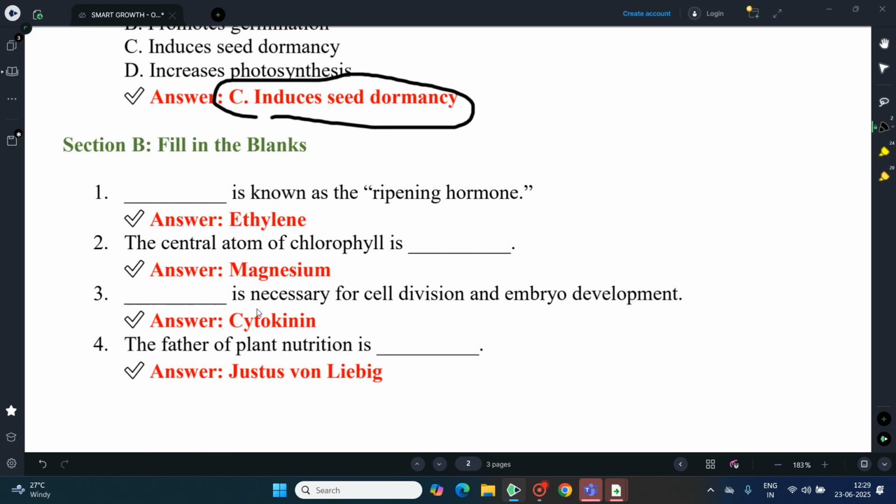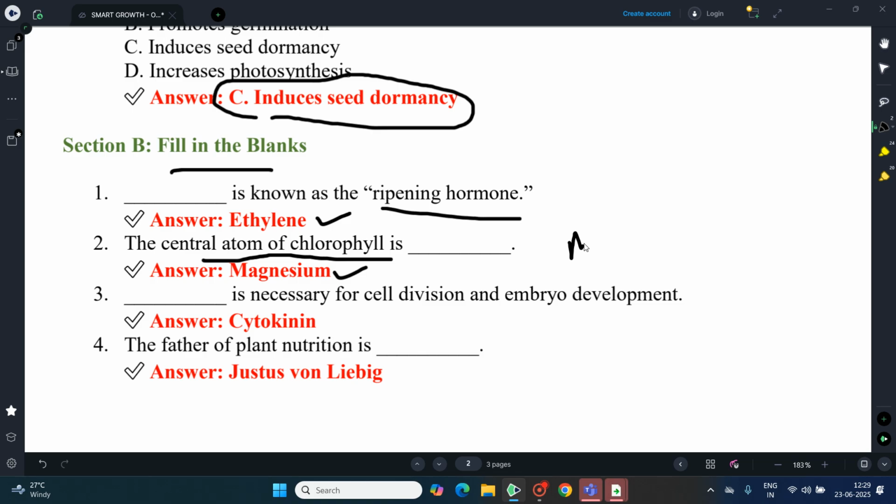Next, the question type is fill in the blanks, and there are only 5 questions I have prepared for this topic. Blank is known as the ripening hormone: ethylene. That is the correct answer. The central atom of chlorophyll is magnesium, Mg. Don't forget, this is magnesium.